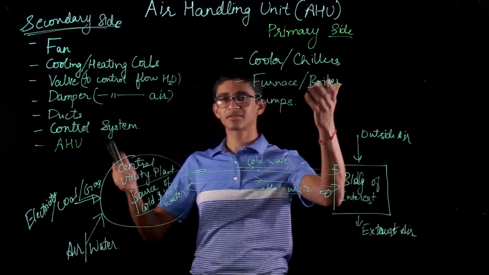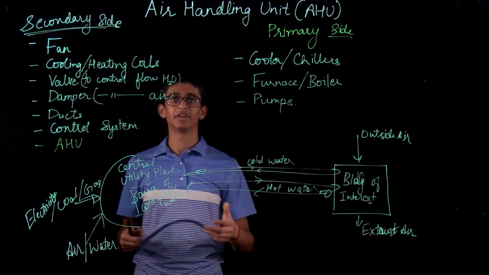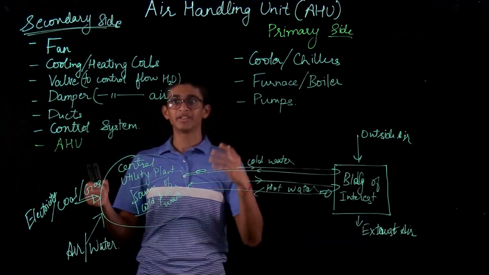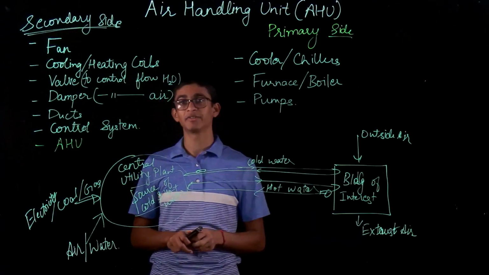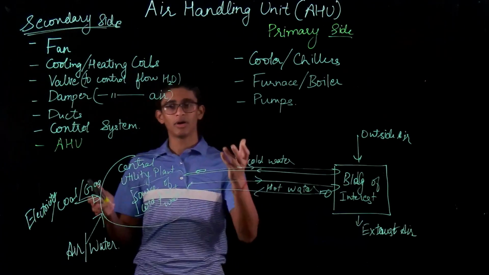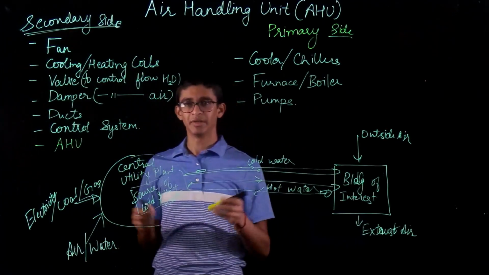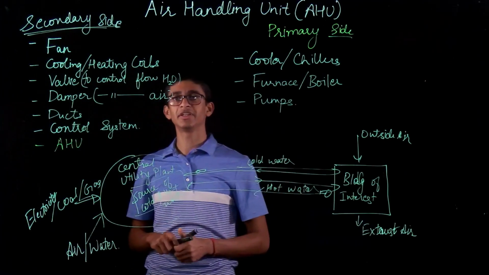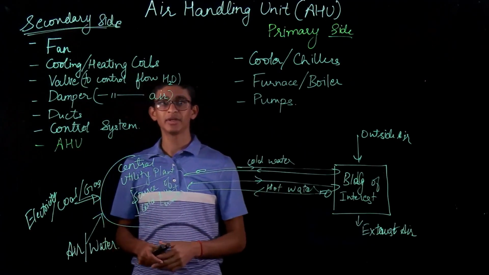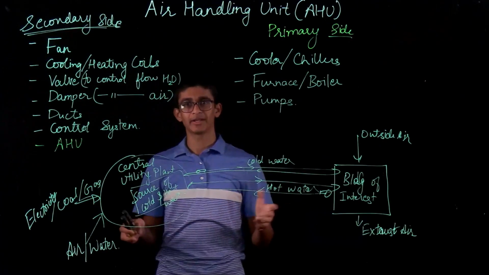These boilers and chillers have a capacity to handle tons, maybe 1 ton, 2 ton, 3 ton, or 10 tons, 20 tons. While if we have a small office space which only requires 1 ton, or a flow of just some cubic feet per minute, like maybe 1000 cubic feet per minute, then we do not need to invest in everything to get an air handling unit setup. Over there we'll use a compact rooftop package air conditioner.